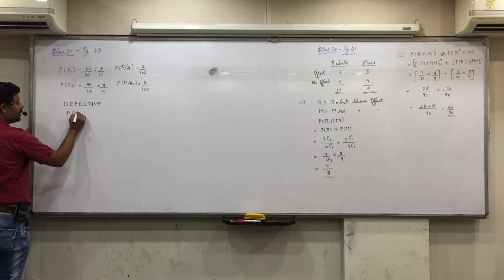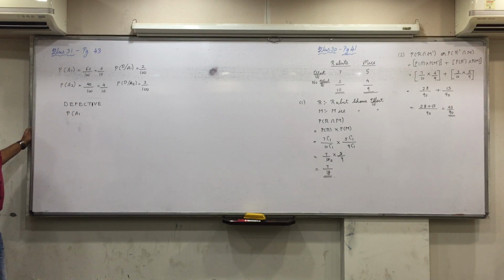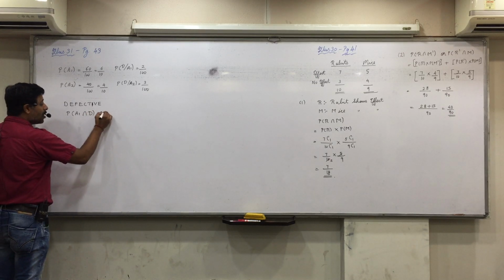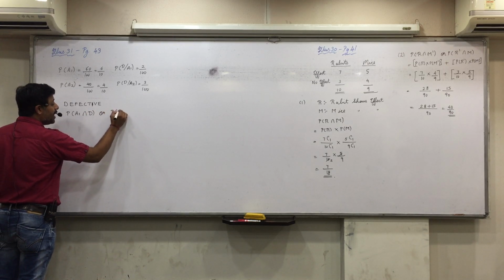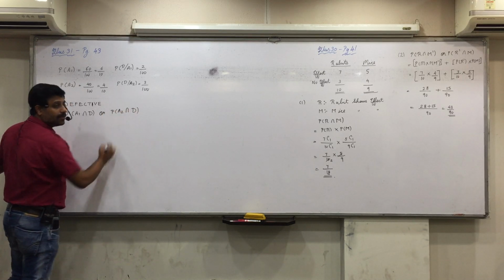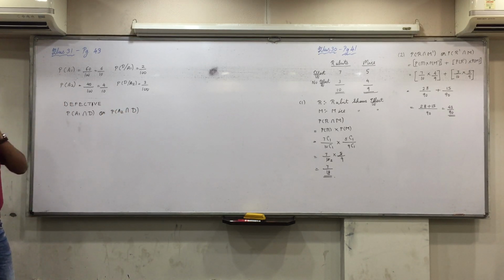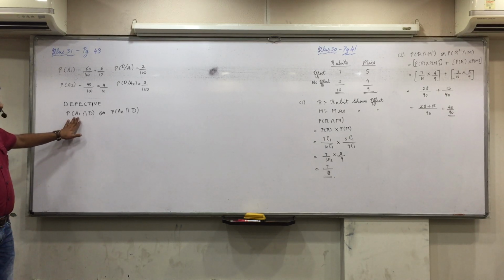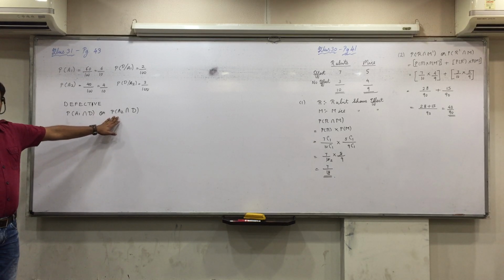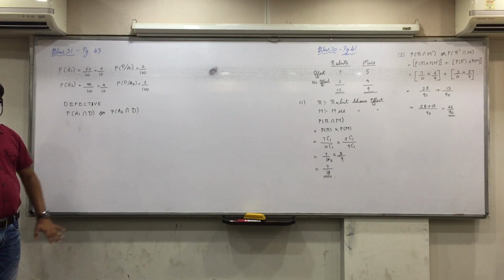Either you select the item of factory A1 and it is defective, or you select the item of factory A2 and it is defective. Two things are possible because we have mixed up the items. So either you get the item of A1 and it turns out to be defective, or you select the item of A2 and it turns out to be defective.